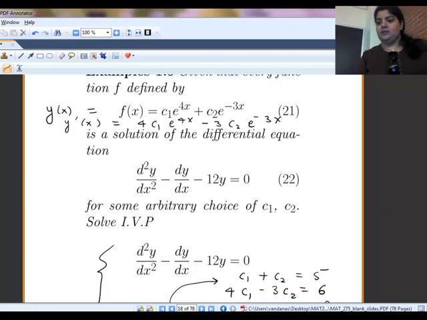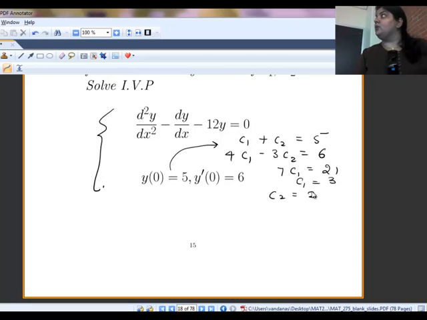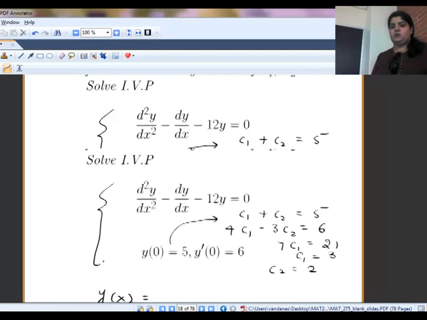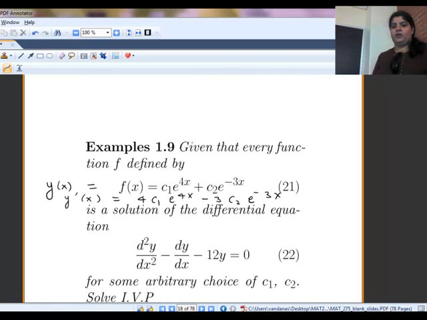Now let's move further. That's how you can get a unique solution. So what is the unique solution of this problem? The unique solution is C1 with e to the power 4x, right?